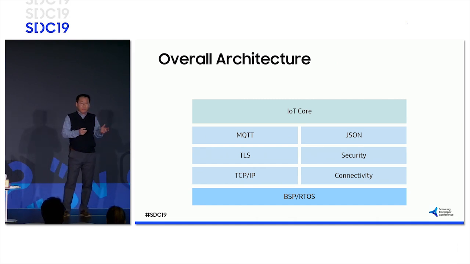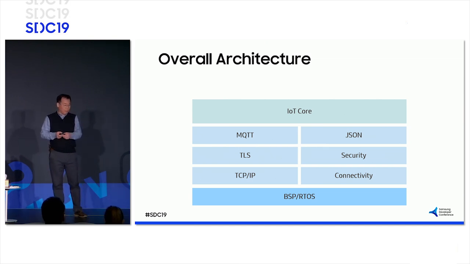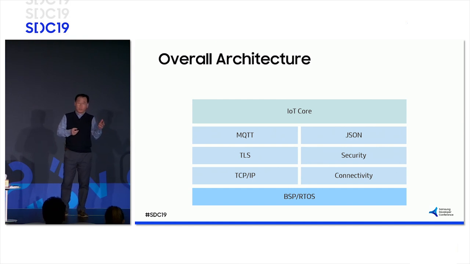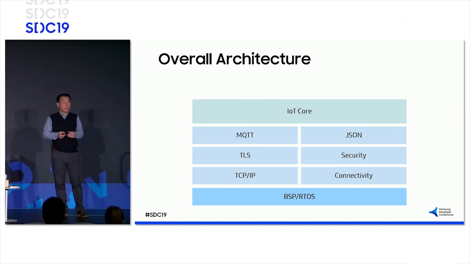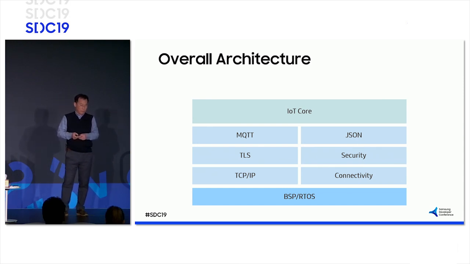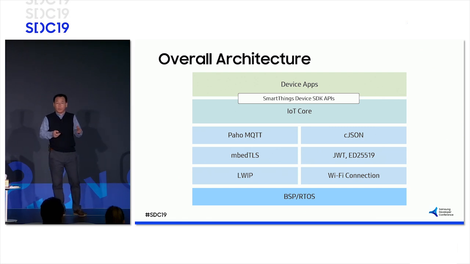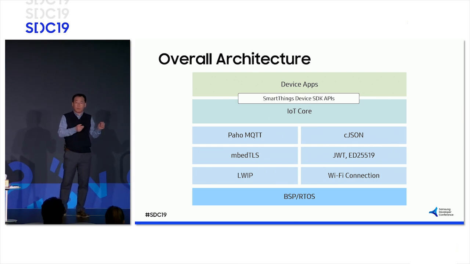In general, the MQTT protocol imposes no constraint on the payload data format, but SmartThings Device SDK uses a JSON format and JSON Web Token for client authentication. You can see the detailed stack based on RTOS, and IoT Core provides the SmartThings Device SDK APIs for the device app.